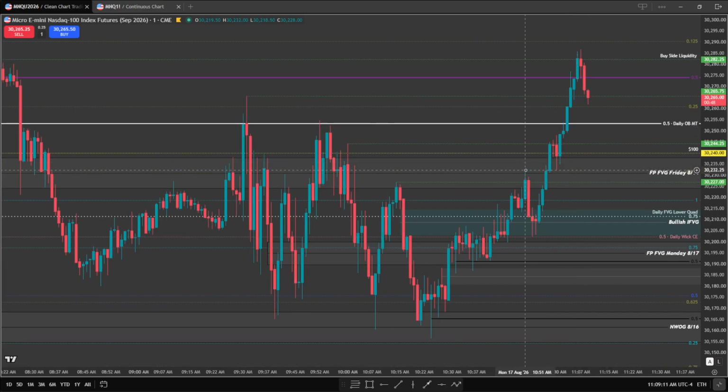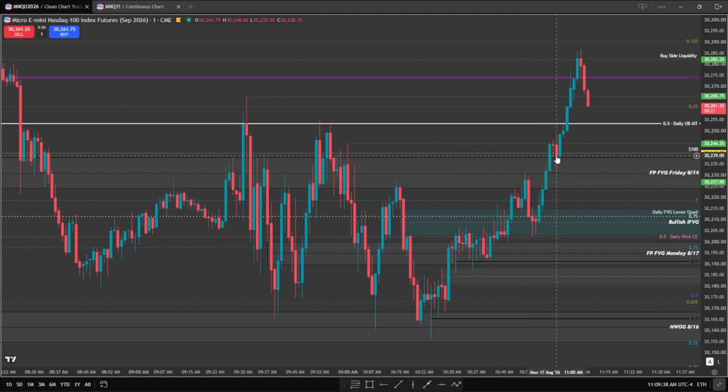This high got taken at 10:57 a.m. It accelerated through it, and then 11 a.m. hits. It moves lower just a little bit, and it goes right to, actually, right above this high that I said was the level I wanted it to run through.